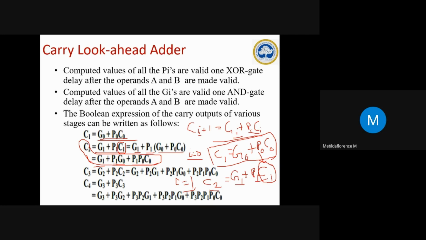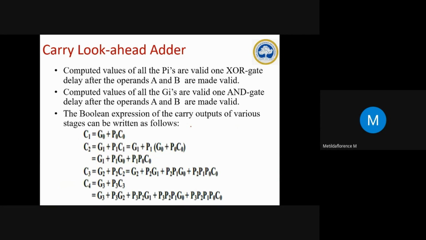In a similar way, I am going to put i value as 2. So when i value equal to 2, what will be the expression? Ci plus 1 means C3. C3 equal to Gi, that is G2, plus Pi Ci, so P2 C2.